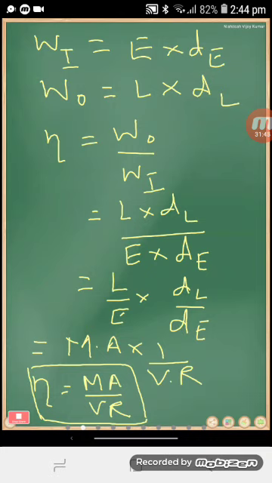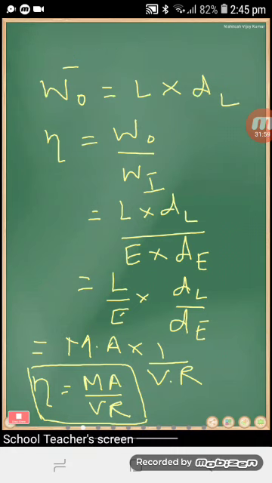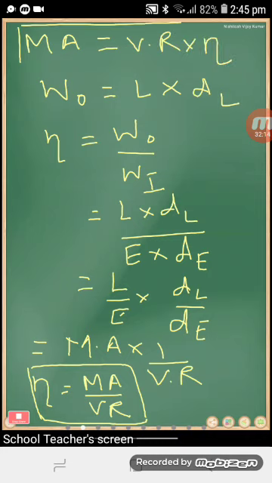So efficiency can be written as the ratio of mechanical advantage to the velocity ratio. Or you can also express this as mechanical advantage is the product of velocity ratio into your efficiency.